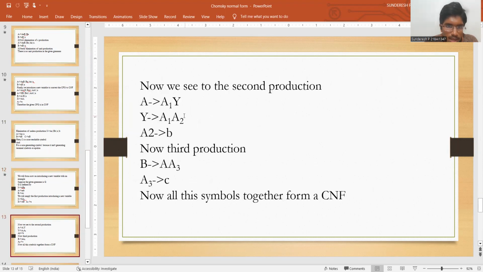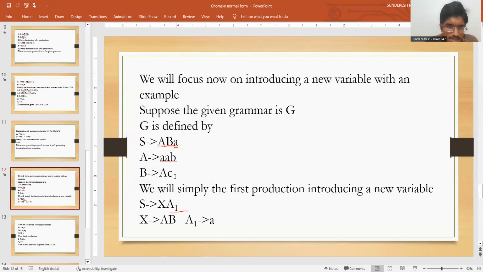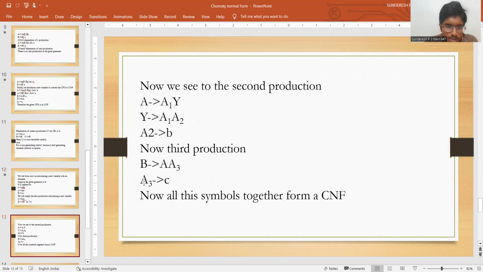Now A1 A2 is replaced by Y, so we'll be writing Y here, and A2 is defined by B. And now in the third production, C is replaced by A3, the newly introduced variable, so we define the production for it. Now all these productions together form a CNF. So this is how we convert CFG to CNF for this question.